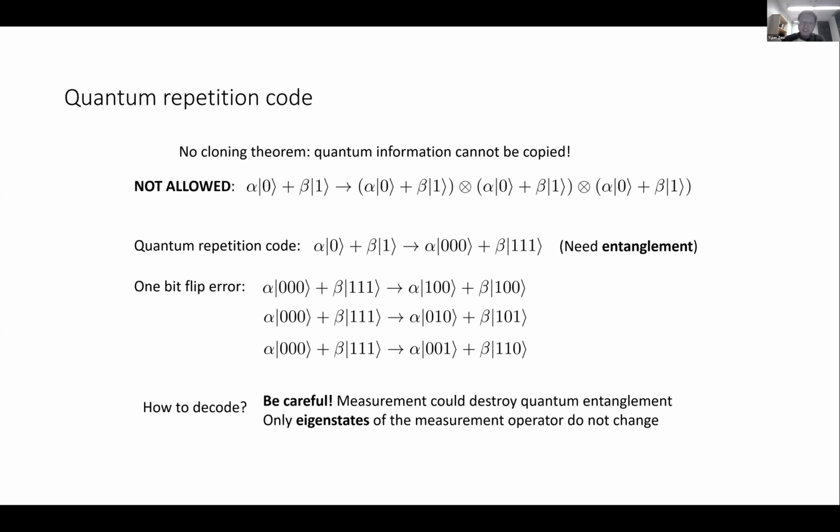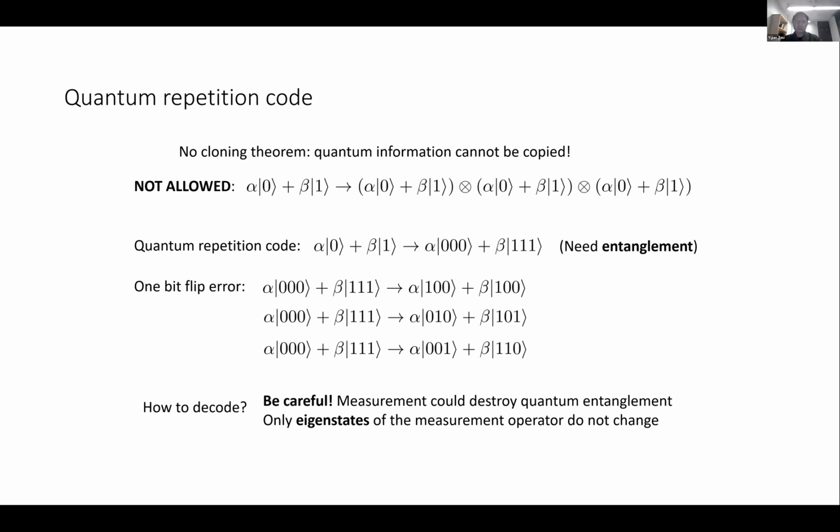But then you see that there's a very sharp distinction between the classical case and the quantum case. In the quantum case, if you do this encoding, then the state that you have must have some entanglement. You see that alpha 0, 0, 0 and beta 1, 1, 1 are superposed with each other, so these three qubits are entangled with each other.